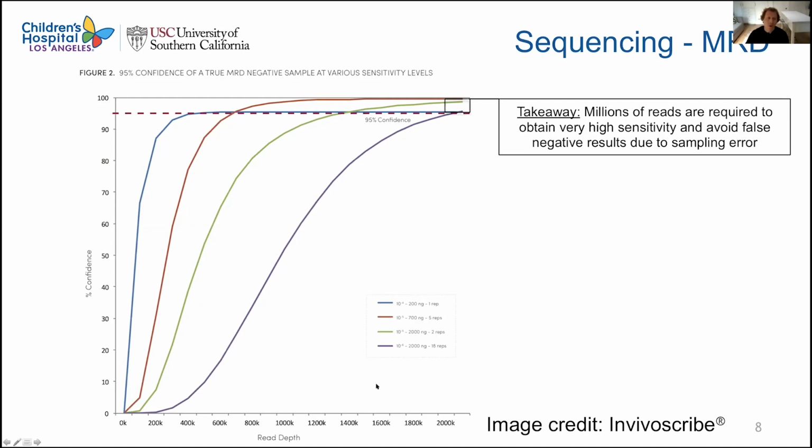And we want to operate on this green line here, slightly to the right of it, and on that green curve towards the flat part up here. So we want to obtain, in doing an MRD test, on the order of a few million sequencing reads. So for each microgram we sequence, we try to obtain 1 million sequencing reads. And we'll go into more detail on that in subsequent slides.